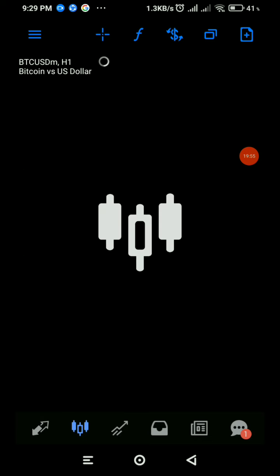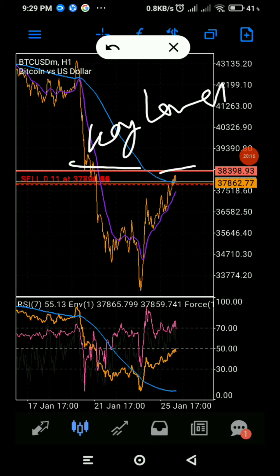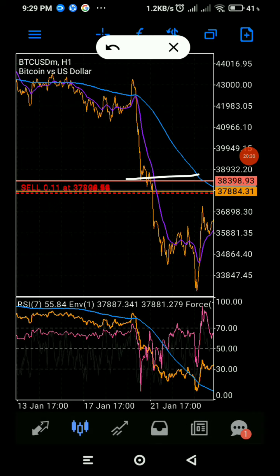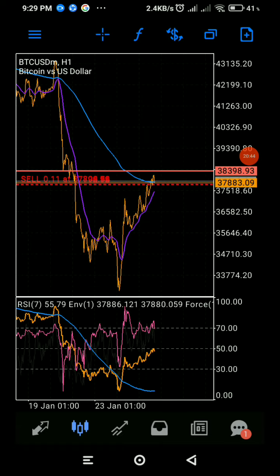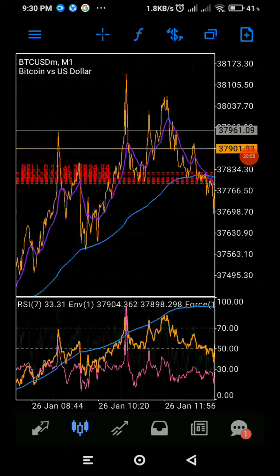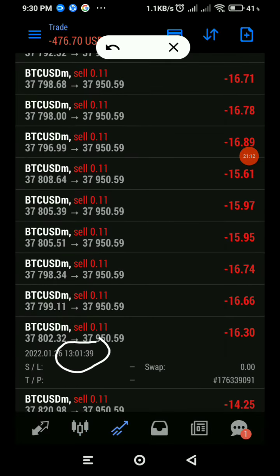So I'm just expecting to see price coming down from our entry level. This is a key level, as you see here, the supply took place. So area of supply, so if you had taken entries from this level, then it would be better. You wouldn't have to face the floating loss.